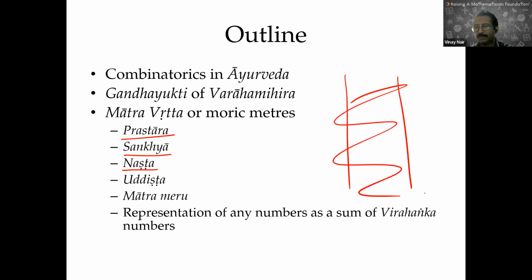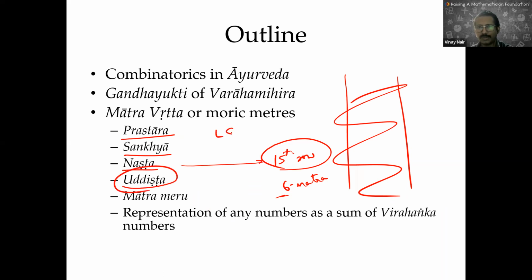And we lost it. We want to find the 15th row of, say, a 6 matra prastara. 6 matra means the total count is 6. Is there a way to find the 15th row, the nashta process? Can we have an uddishta process? Somebody is saying, okay, this will come in which row?